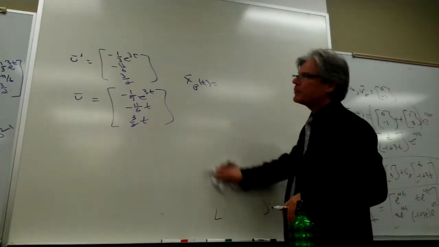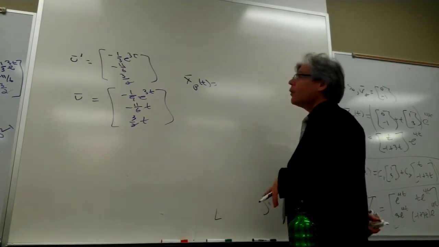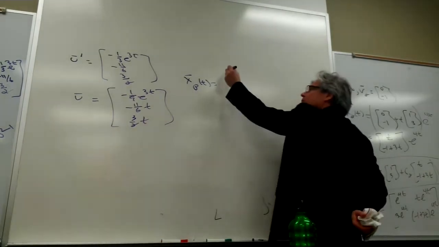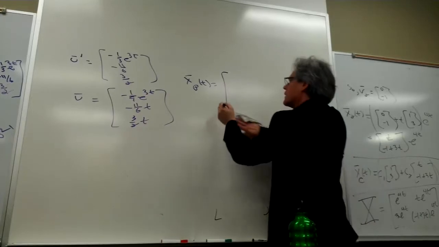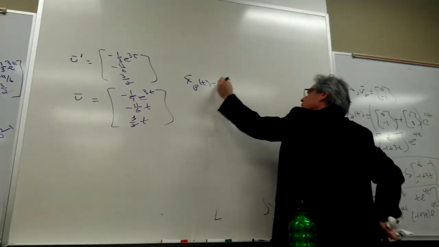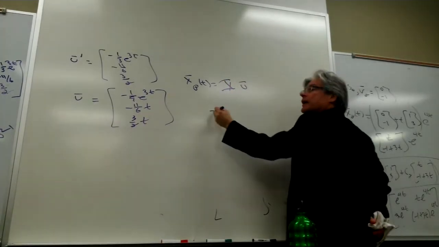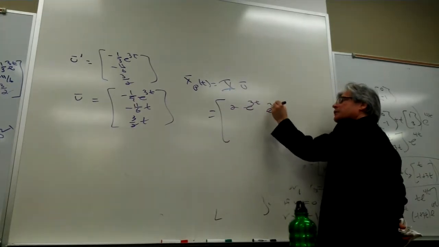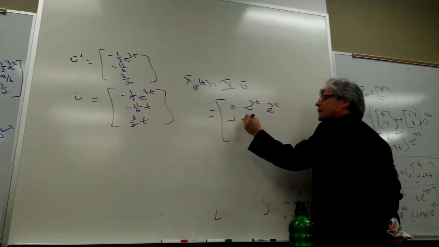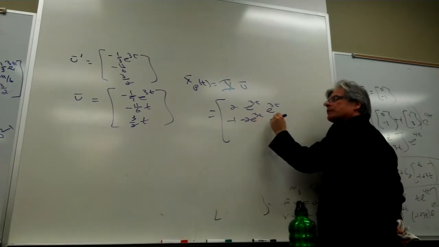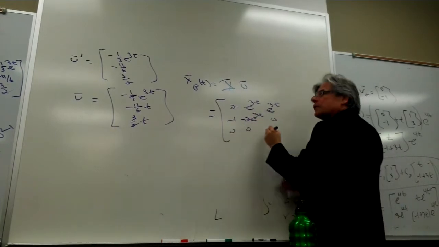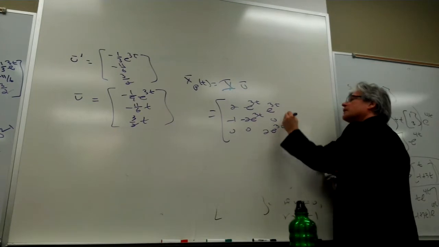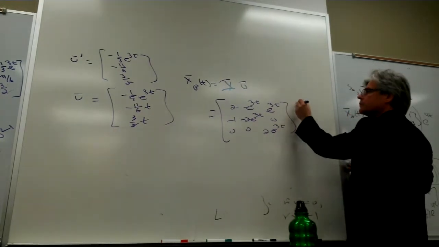Does that mean my x sub p bar is? Well, this is my fundamental matrix. Oh, here it is. I said my fundamental matrix times my u bar. But I think that specifically is 2 e to the 3t, e to the 3t, my negative 1, negative 2 e to the 3t, 0, and then a 0, 0, 2 e to the 3t, times whatever that u bar is.